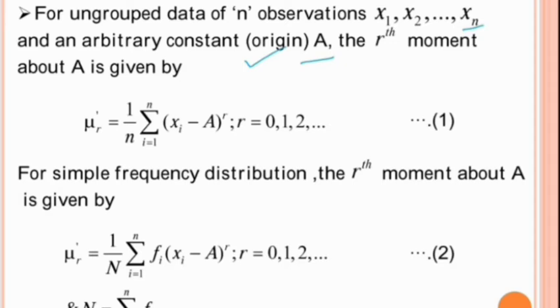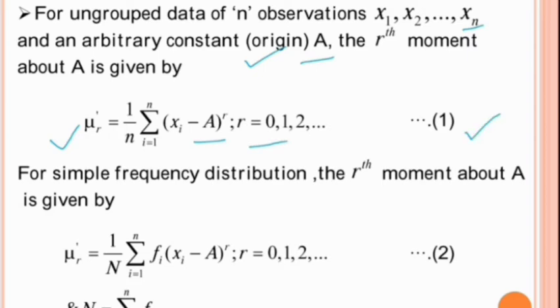The rth moment about A is given by mu r dash is equal to 1 upon n summation i equal to 1 to n (xi minus A) raised to r, where r is 0, 1, 2 up to infinity. We name this as equation 1.